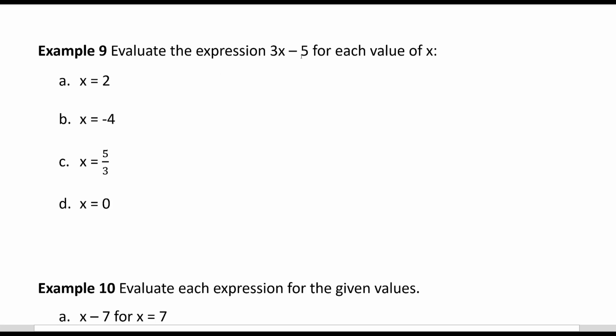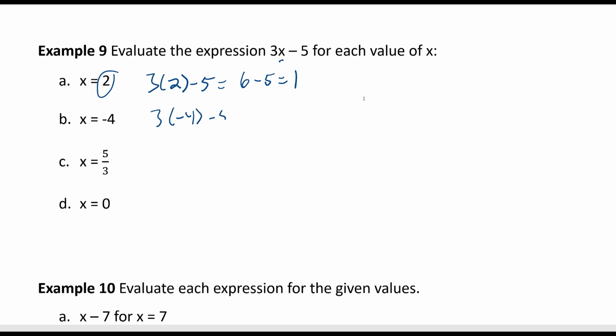Evaluate the expression 3x minus 5 for each of the following. For x being 2, we're going to put the 2 in place of the x. So 3 times 2 minus 5. That's 6 minus 5, which is 1. And then 3 times -4 minus 5.